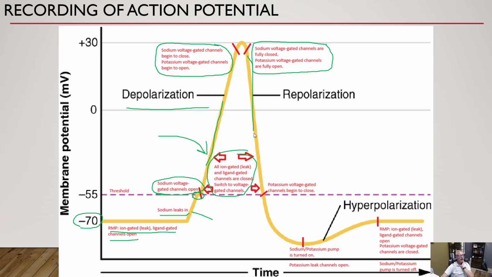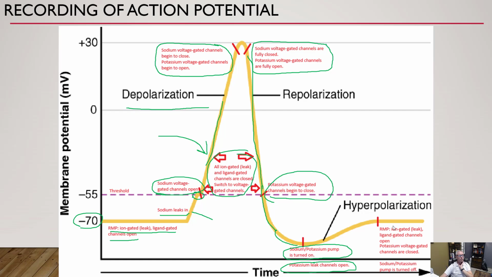Potassium rushes out of the cell. Potassium voltage-gated channels start to close. We go into hyperpolarization. Our sodium potassium pump is turned on, 3 sodiums out, 2 potassiums in. Potassium leak channels, or those ion-gated channels, are open.